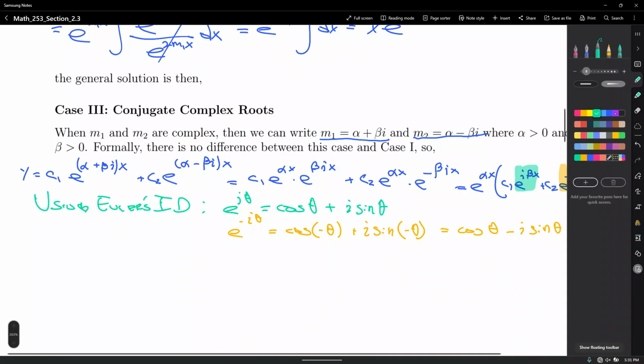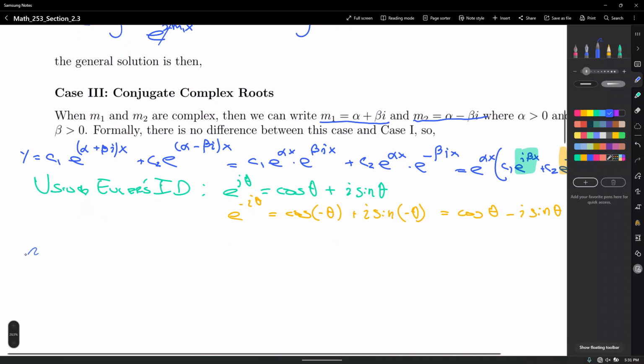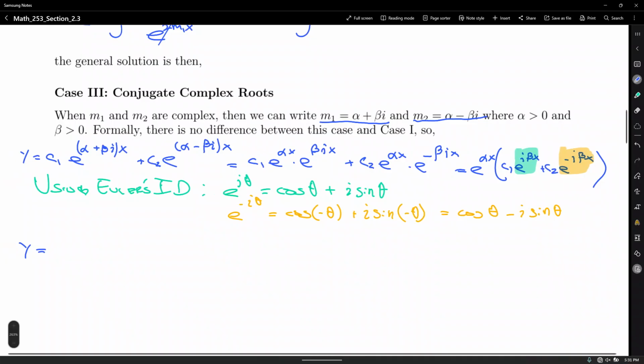So coming back to y, this is equal to C1 e to the alpha x. I'm taking the C1 outside only, and I'm going to multiply by cosine beta x plus i sine beta x.